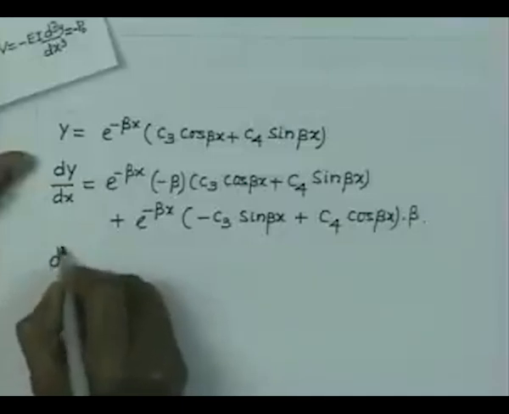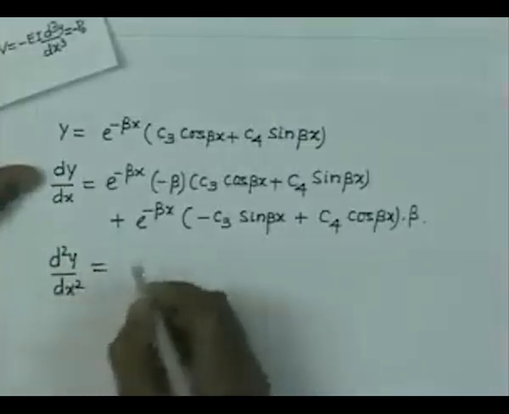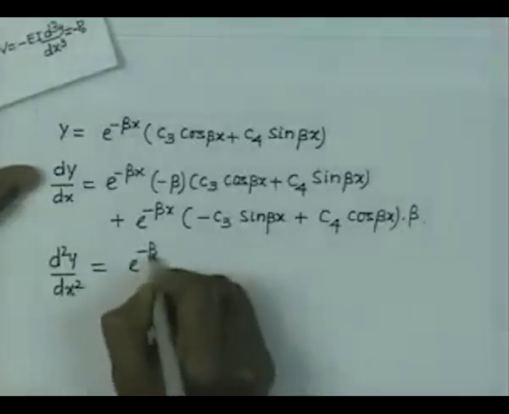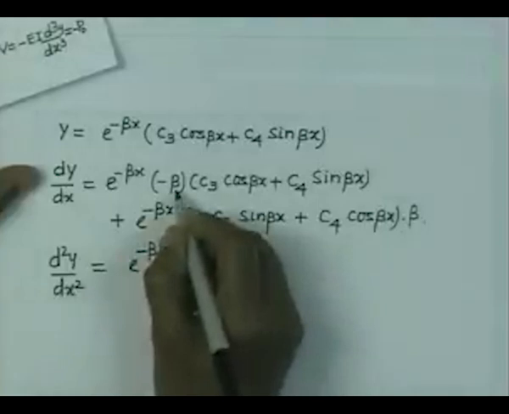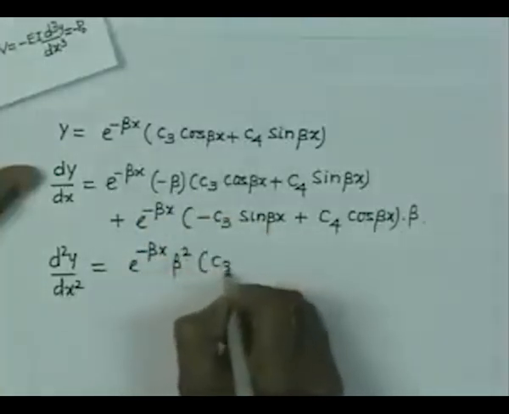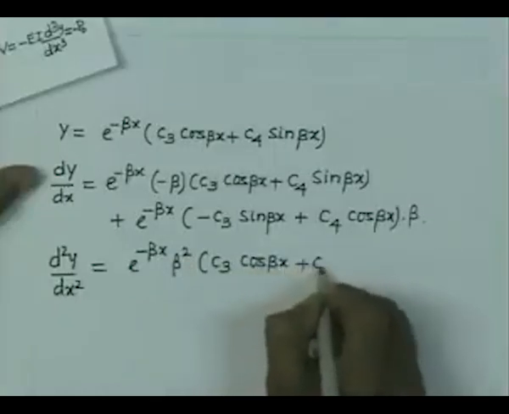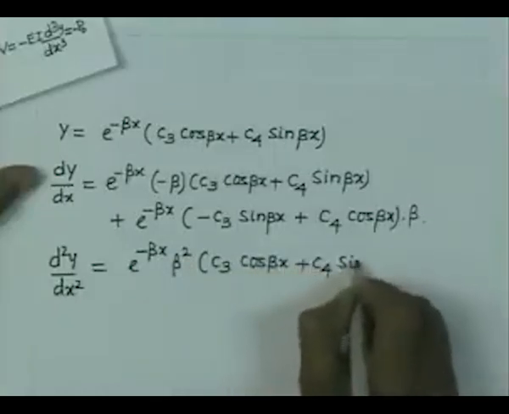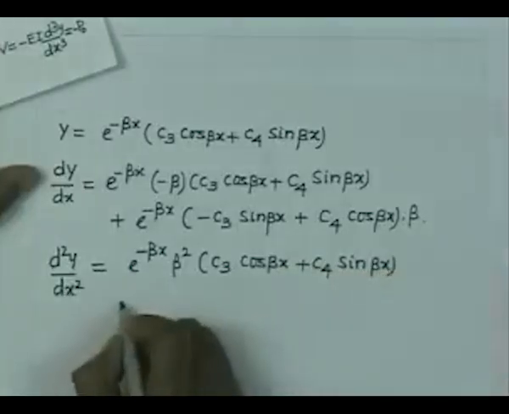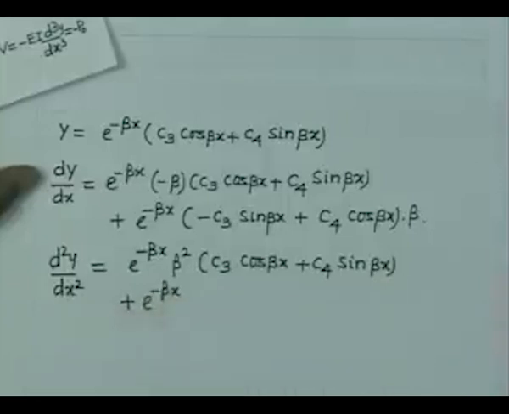Similarly, if we now write d2y dx square, this is going to give us e to the power minus beta x, and this minus beta will give us beta square into C3 cosine beta x plus C4 sin beta x, plus e to the power minus beta x.